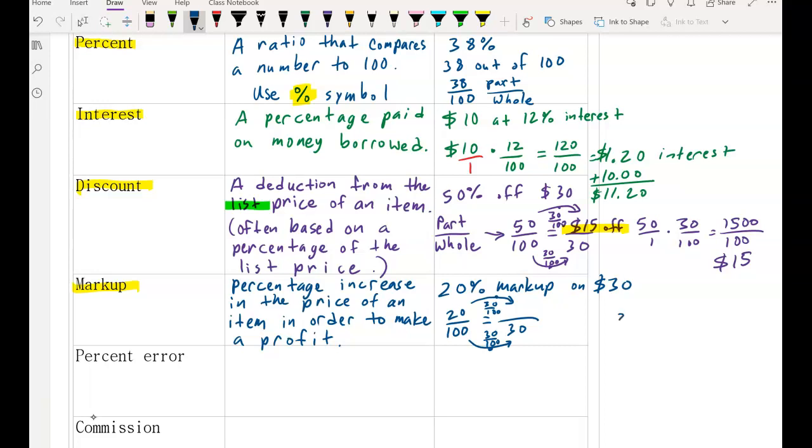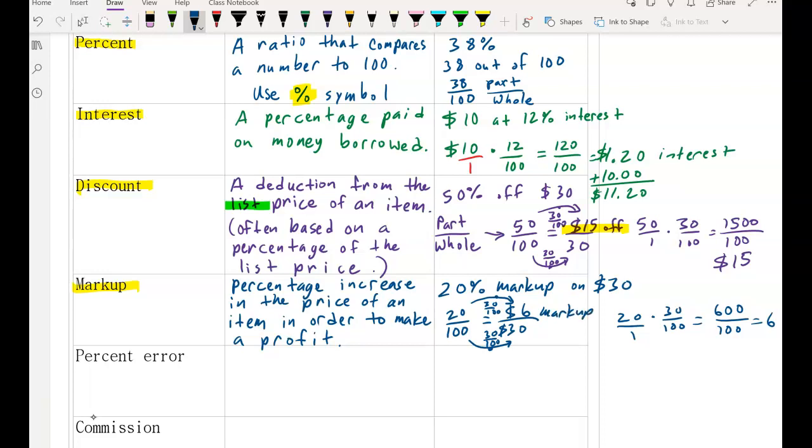So then we go over here, 20 times 30 out of 100. Put a 1 under there, we multiply straight across. 20 times 30 is 600. 1 times 100 is 100, and 600 divided by 100 is 6. So the markup would be $6.